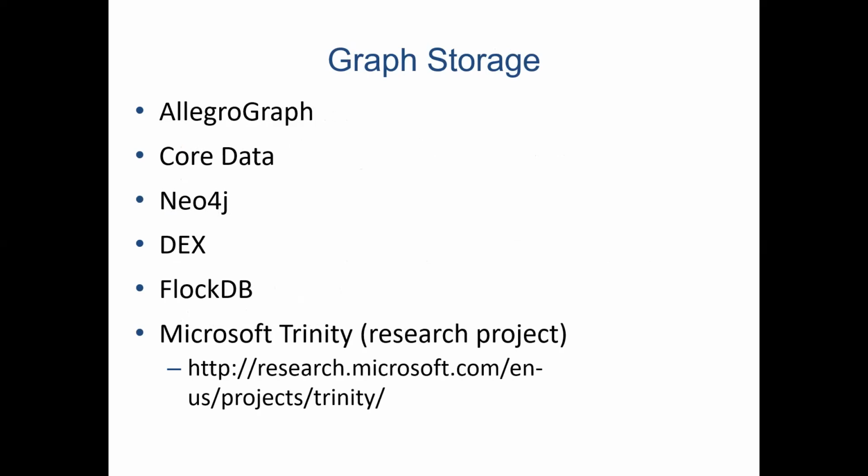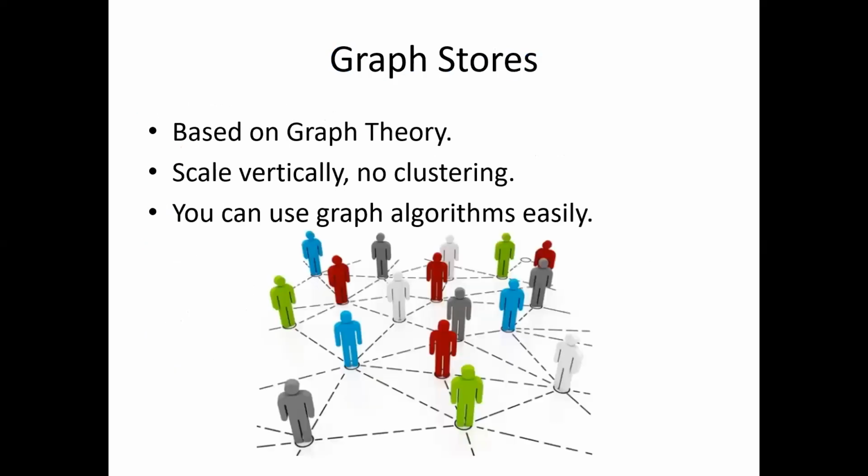These are all NoSQL systems which help you to store a graph, in terms of edges and vertices. This is completely based on graph theory, scales vertically, and there is no clustering. You can use any kind of graph algorithms. What are the graph algorithms that you have? Prim's algorithm, Kruskal's algorithm, Ford-Fulkerson algorithm, the traveling salesman problem. These are all graph-related algorithms which you can use.